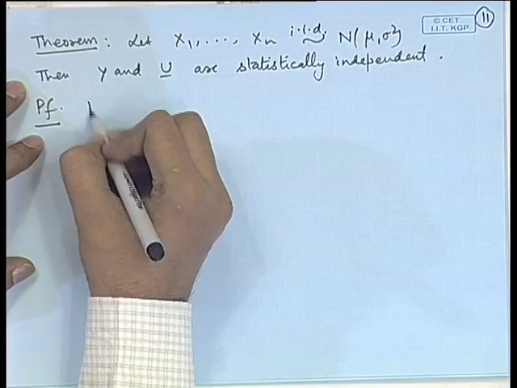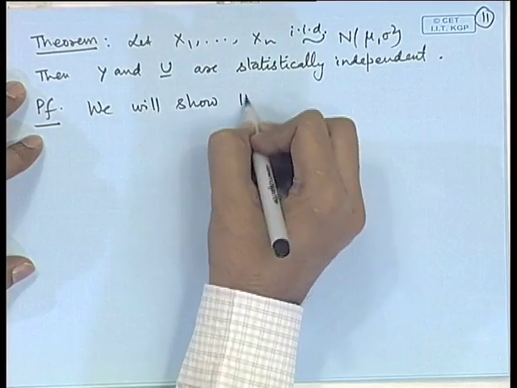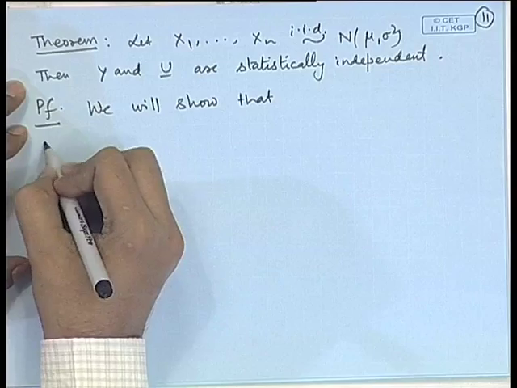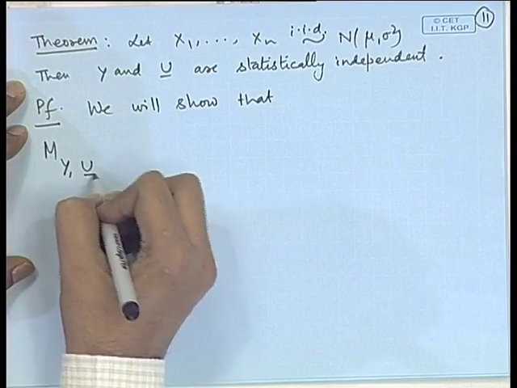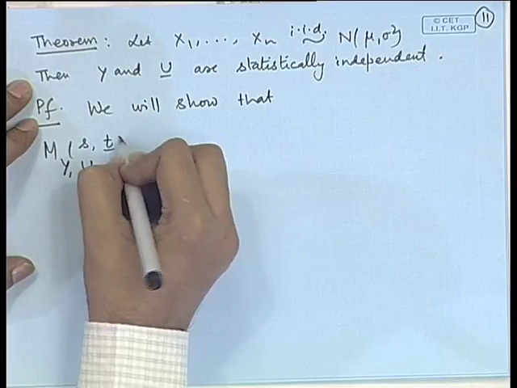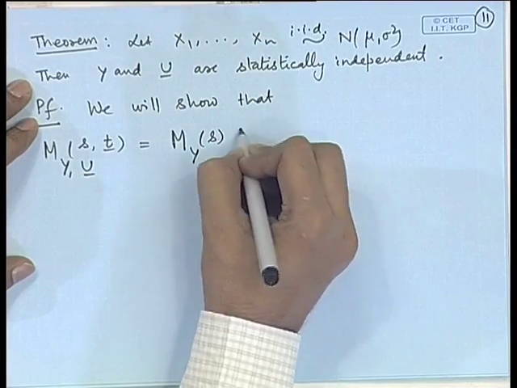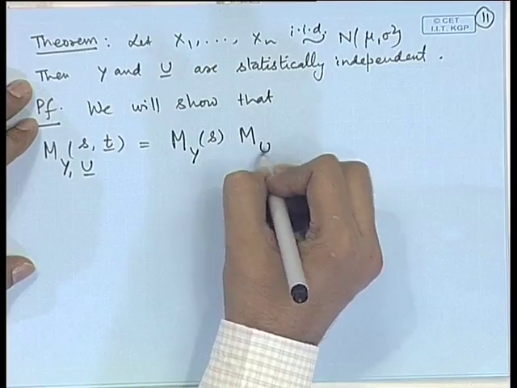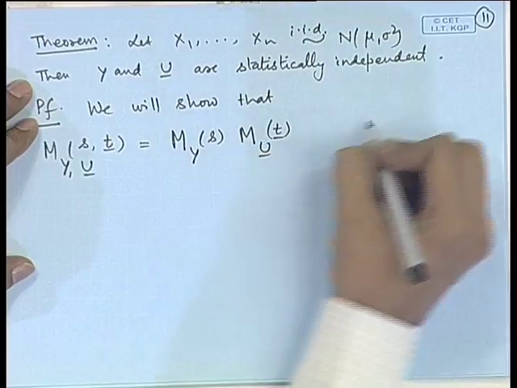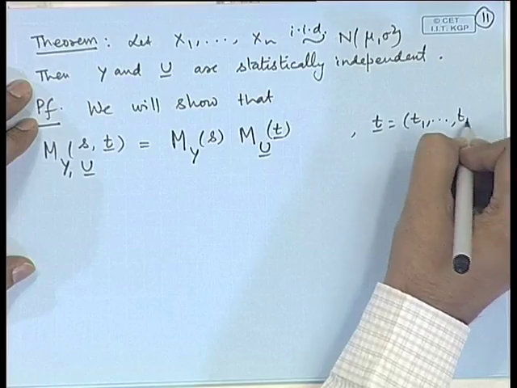We will show that the joint MGF of Y and U at the point s and t is equal to the moment generating function of Y at s into the moment generating function of U at t, where t is equal to t1, t2, ..., tn.